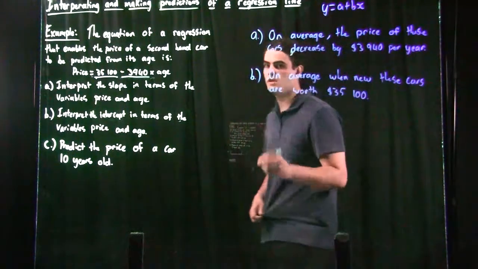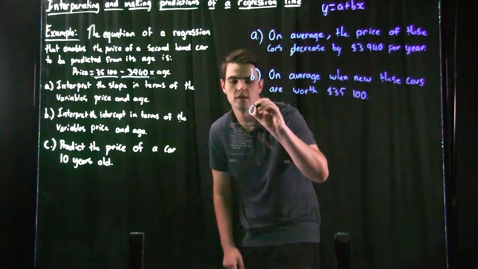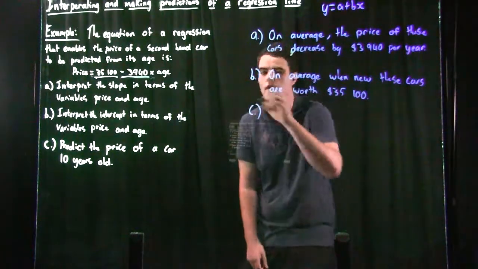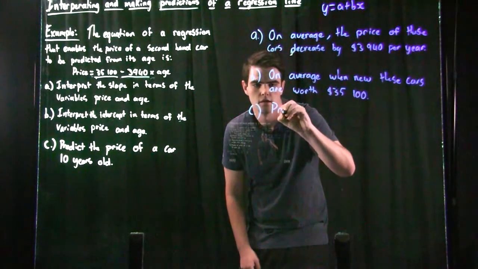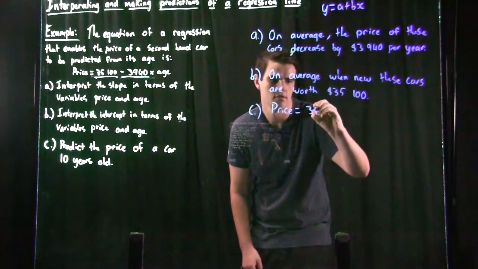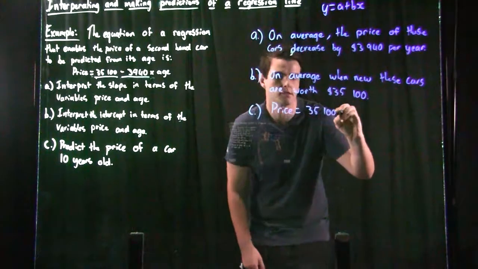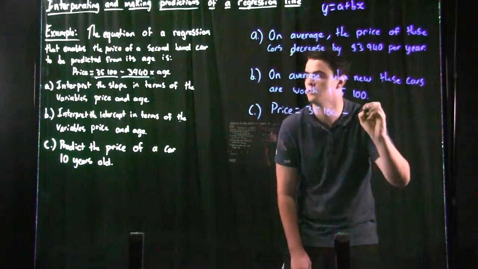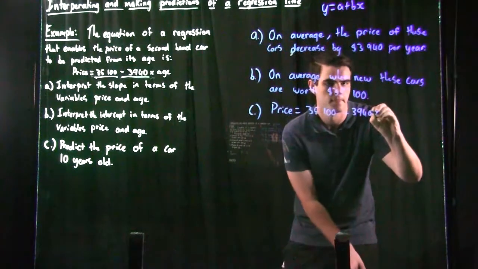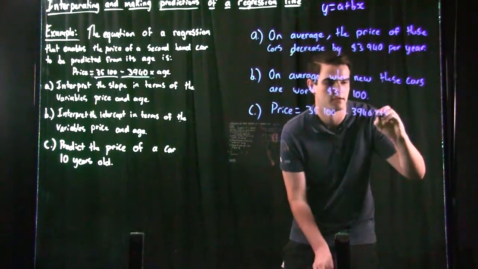Okay, the last bit is we're going to predict. We have done this in the previous video, so we end up with our price equals 35,100 take 3,940 times 10.